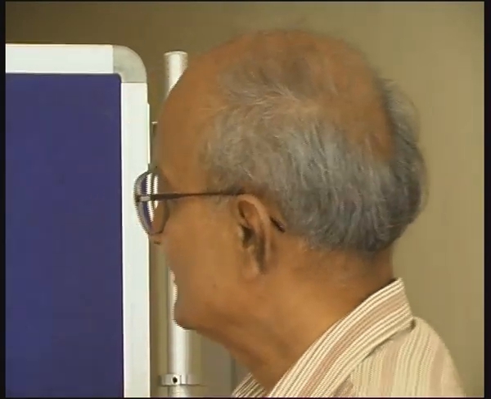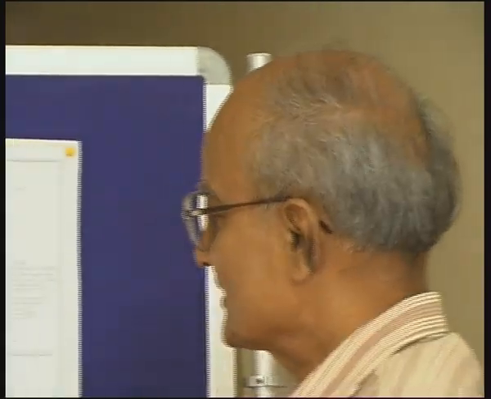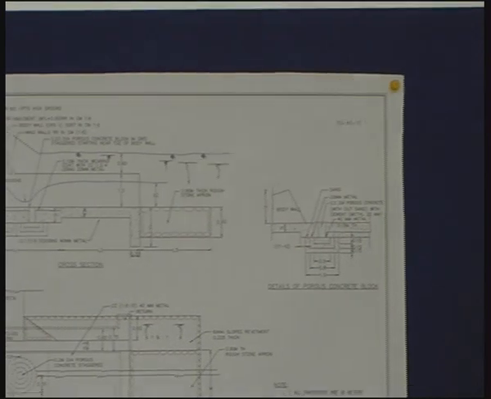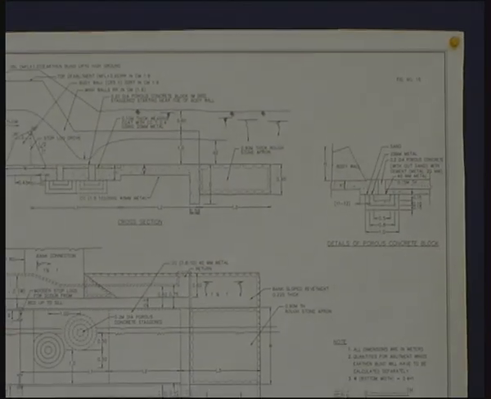This check dam is to be called an anicut structure, and the purpose of that is not for recharge, it is for diverting the flows from the stream through gravity flow canals for irrigation purposes. Now let us see how a structure of a check dam or an anicut structure can be constructed economically.